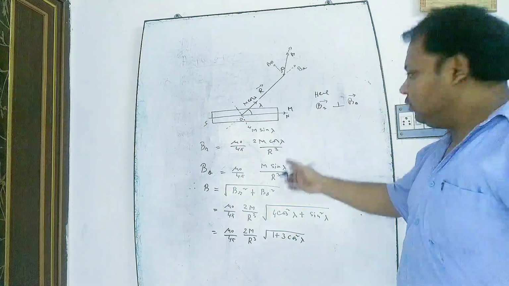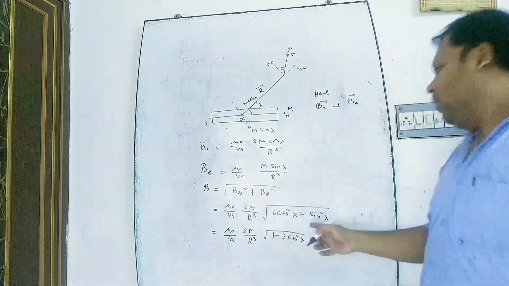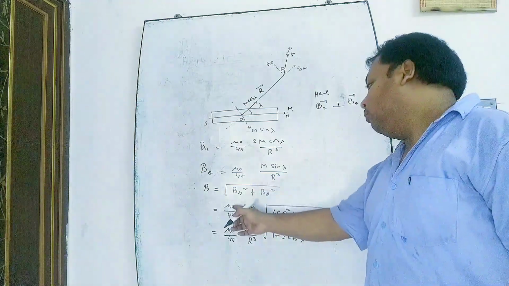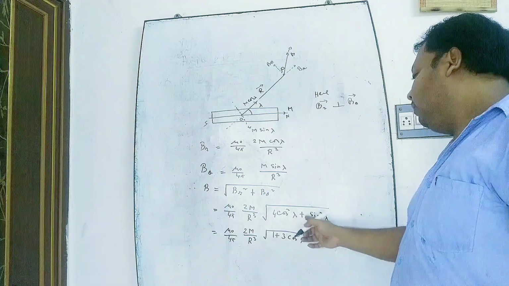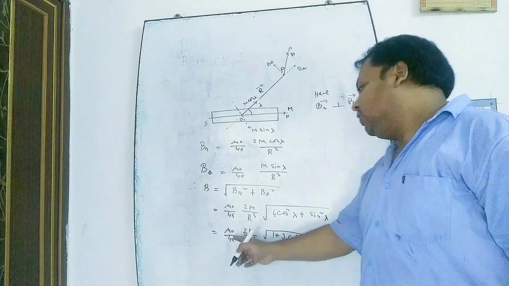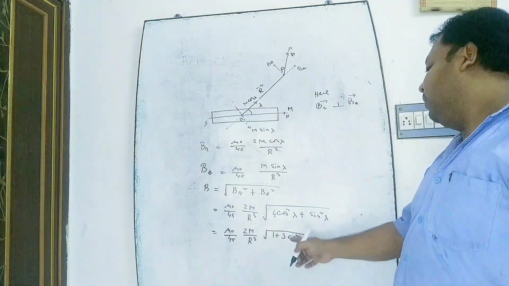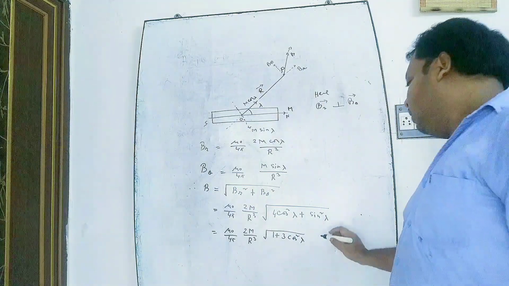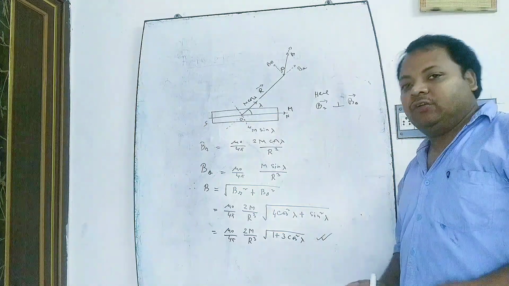Now putting the values of Br and B theta, we have B equal to mu0 by 4 pi 2M by r cube under root of 4 cos square lambda plus sin square lambda. This is equal to mu0 by 4 pi 2M by r cube under root of 1 plus 3 cos square lambda. This is the expression from the previous topic.